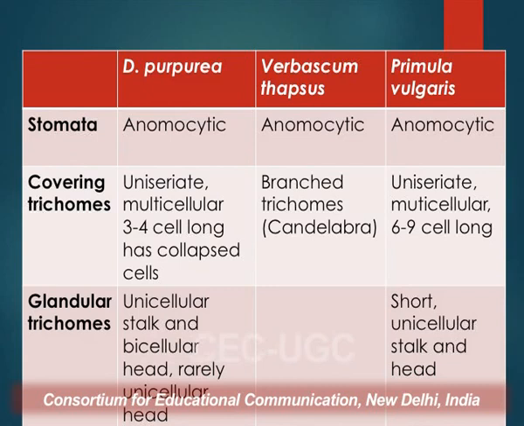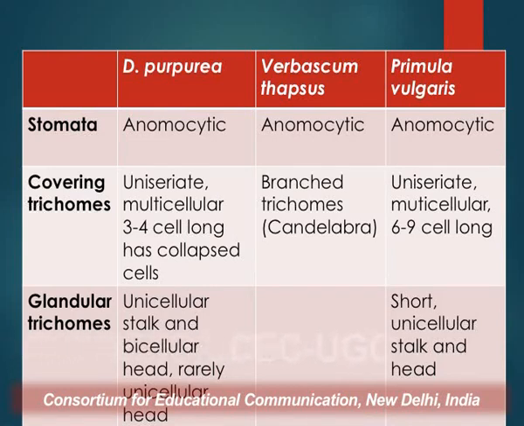So in this slide, you can clearly see how the microscopic characters help in differentiating Digitalis purpurea from its adulterants. First is the stomata, and you can see stomata is anomocytic in all the three plants. Then are the covering trichomes. In Digitalis purpurea, the covering trichomes are uniseriate, multicellular, and they are 3 to 4 cells in length.